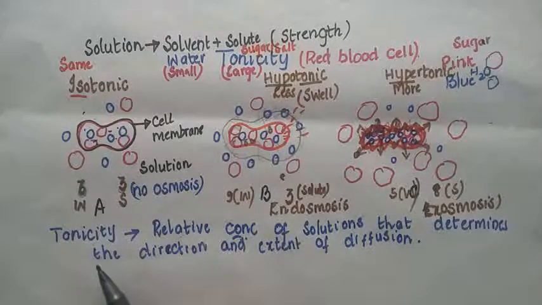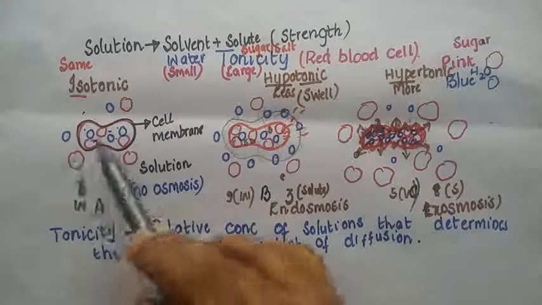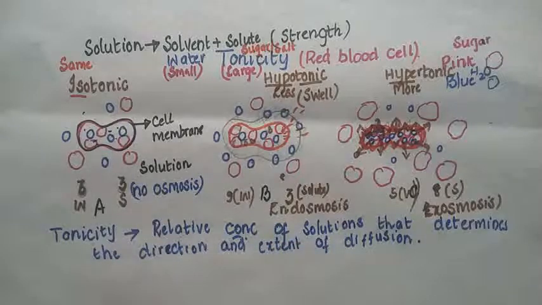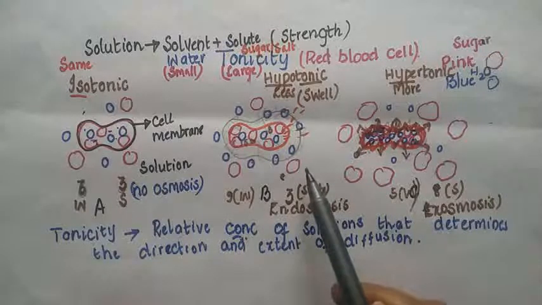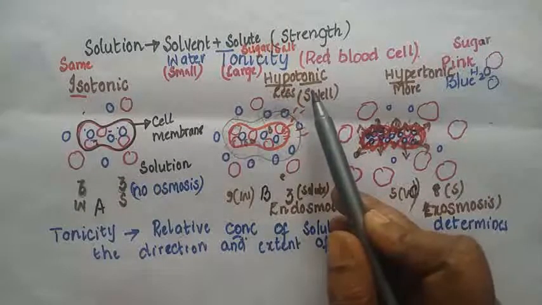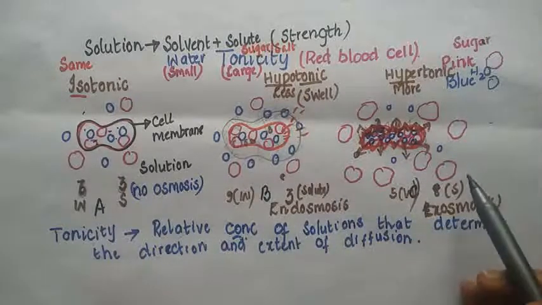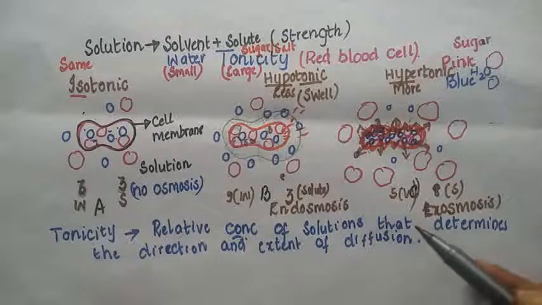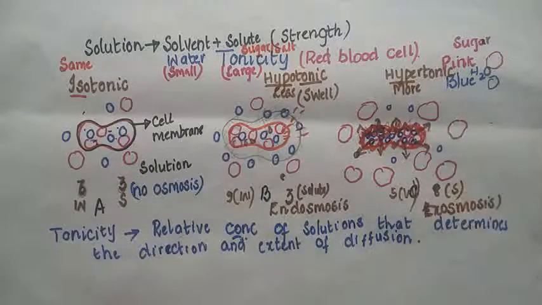Tonicity is defined as the relative concentration of solutions. Now look at this. The concentration is the same. So no osmosis or no diffusion of water molecules. Here the outer solution is a hypotonic solution. Hence the water moves in. Here the outer solution is a hypertonic solution. Hence the water from the cell moves out.